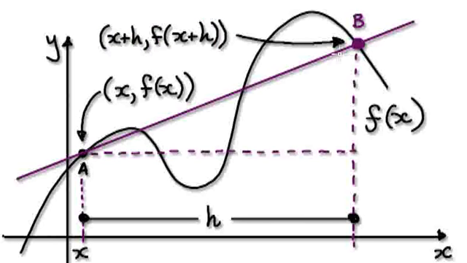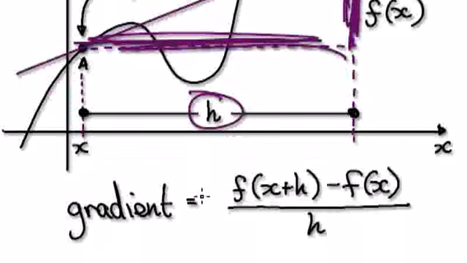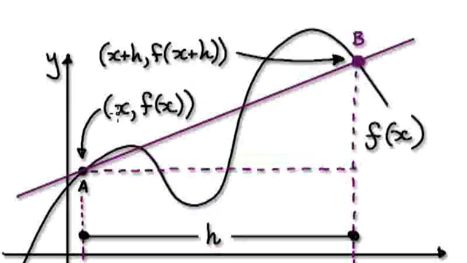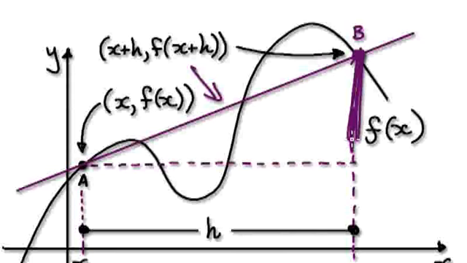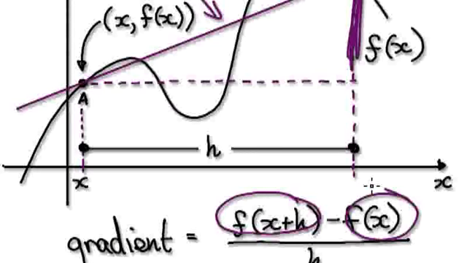If you want to find out the gradient of this line here, it will be this height divided by this length here, which is h. So the gradient of this line will be this height, which is this take away this.